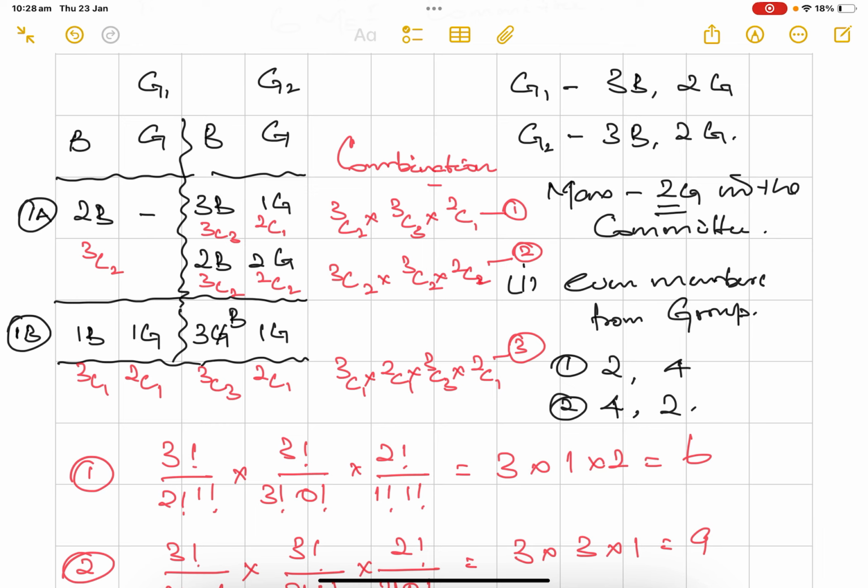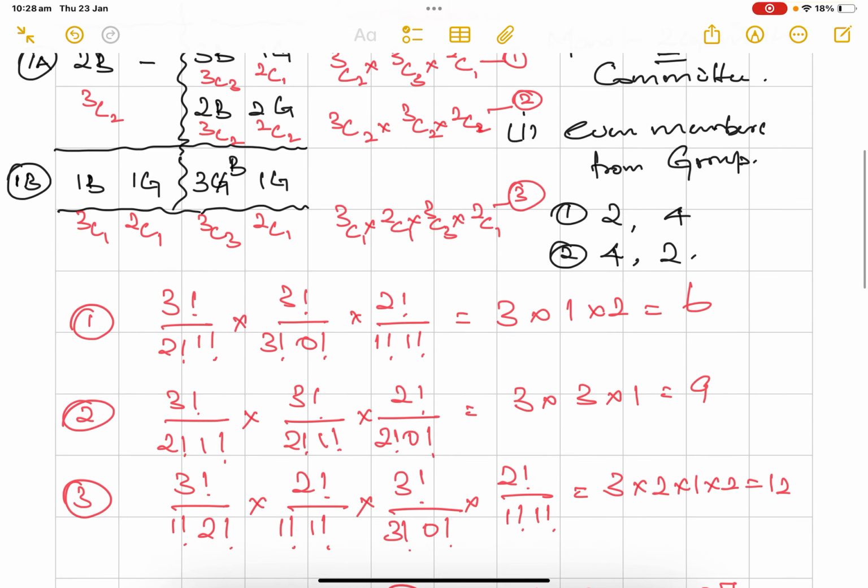So these are the 3 ways of doing it with the condition we have been given: 2 girls maximum, and even numbers from each group. From the table we worked out equations 1, 2, 3. Let's simplify these equations.